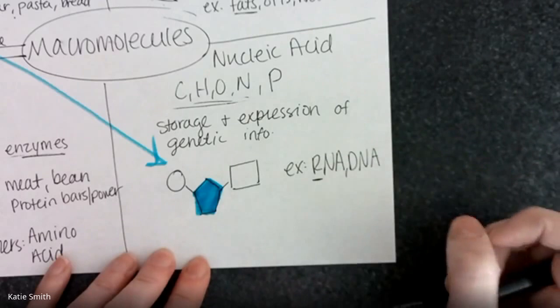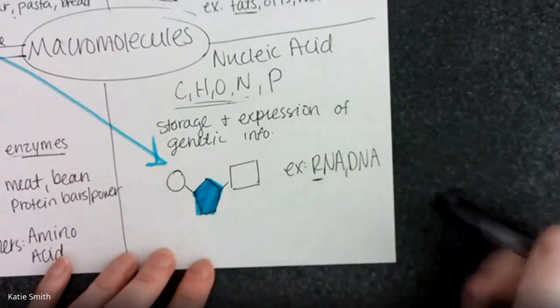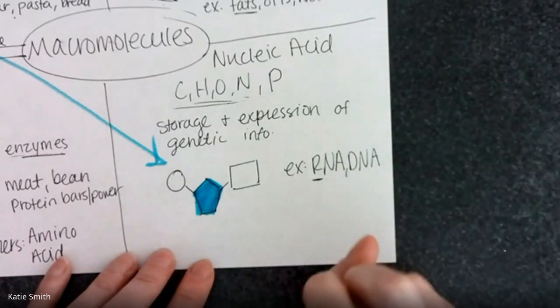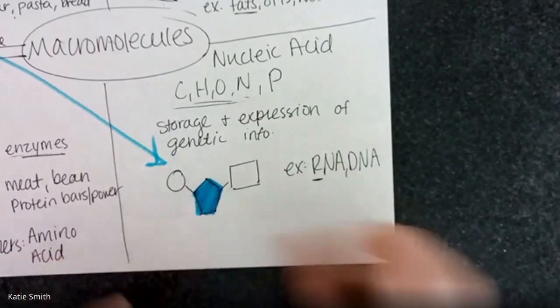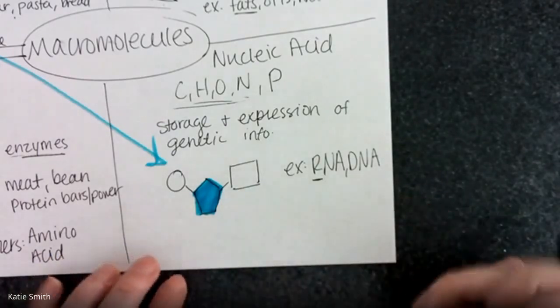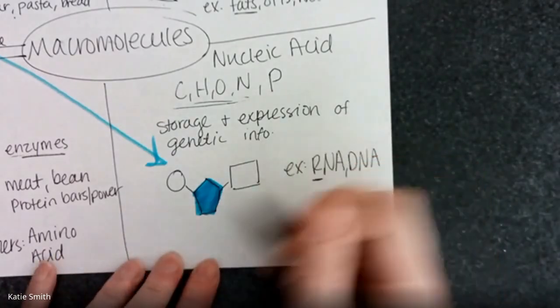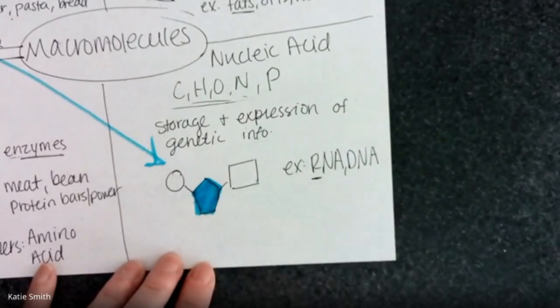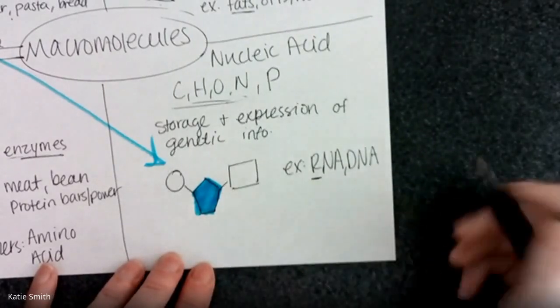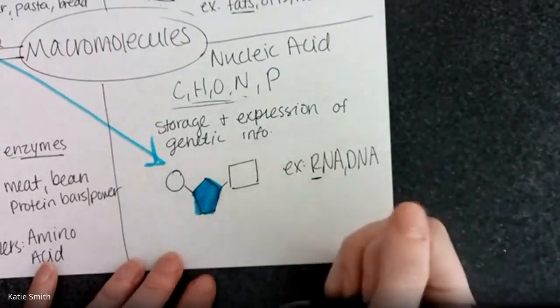And RNA has uracil instead of thymine. There are a couple of little differences we'll talk about when we cover DNA, but those two little differences completely change the chemistry and the function.